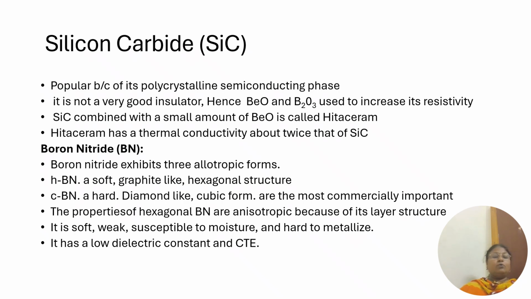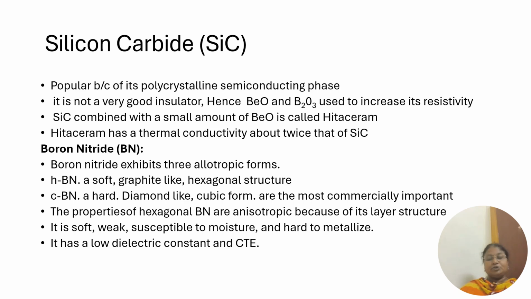Boron nitride, if you take, exhibits three allotropic forms. It can be H and C type. H type is a soft graphite in a hexagonal form, and C type is hard with a cubic form. So we know what is cubic. The properties of hexagonal and isotropic features, where the etching is not uniform in all the directions.